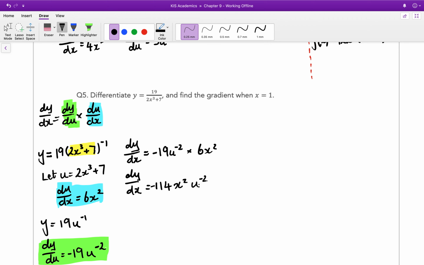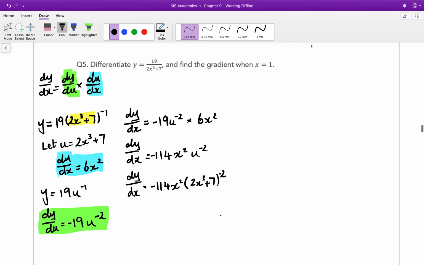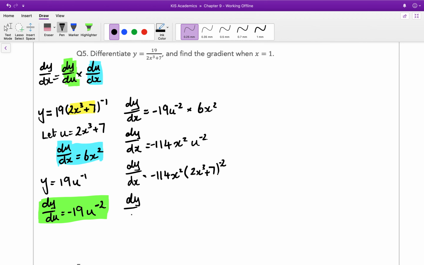And then I'm going to substitute the u back with 2x cubed plus 7. So dy dx equals negative 114 times x squared times 2x cubed plus 7 to the power of negative 2. And the power of negative 2 is the same as if we had a fraction with this as the denominator. So we have negative 114x squared all over 2x cubed plus 7, squared.